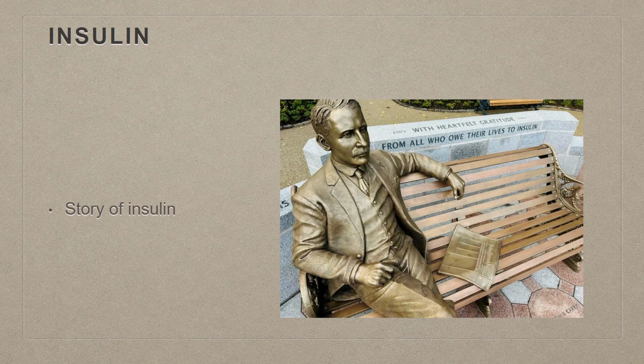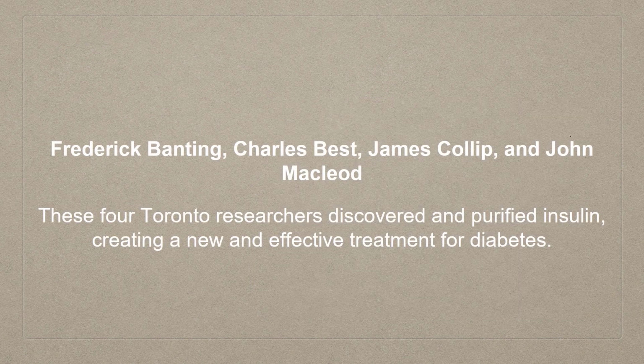So in the slide, what you see, there is a picture. It's a model which was made, and what is written is, "From all who owe their lives to insulin, with heartfelt gratitude." The gentleman whose image you see here is John MacLeod.